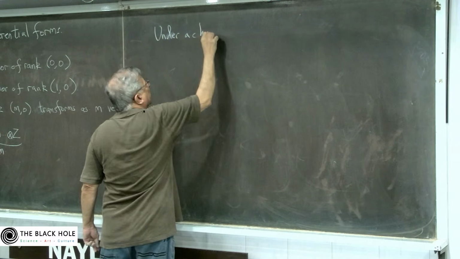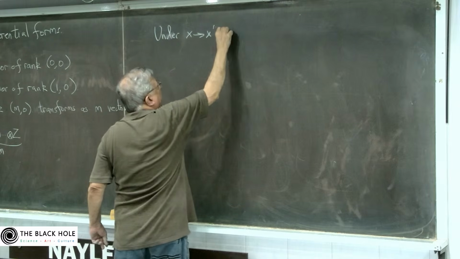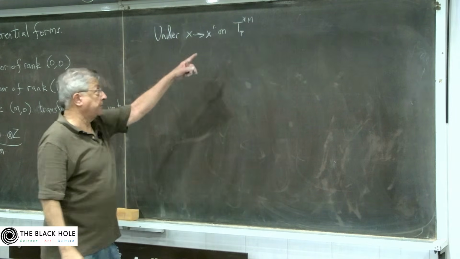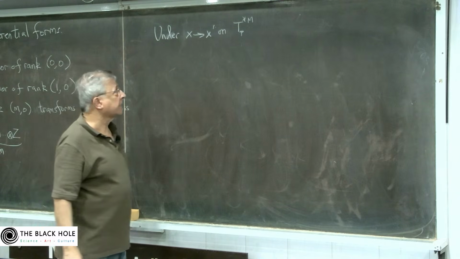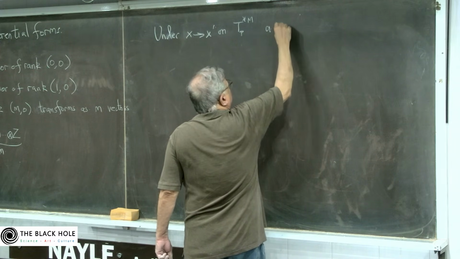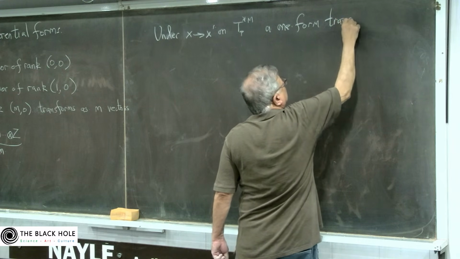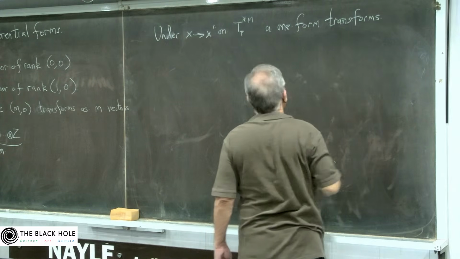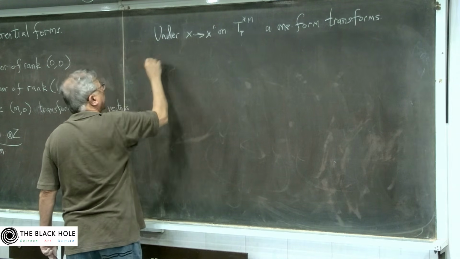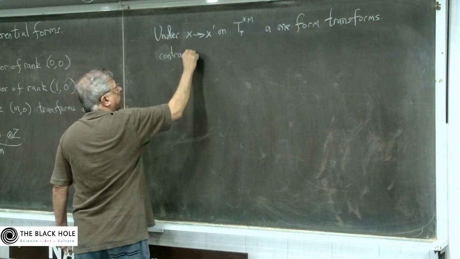Under a change of coordinates, under x goes to x prime on the tangent plane, on the dual tangent space, a one form transforms contravariantly.